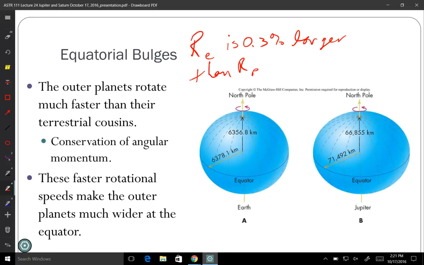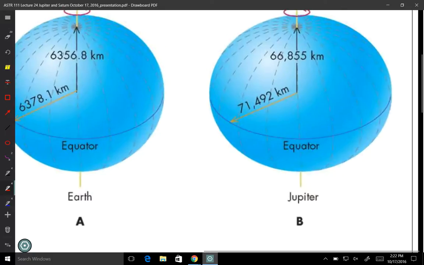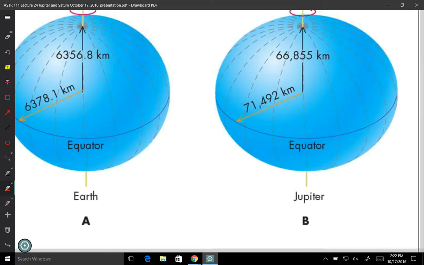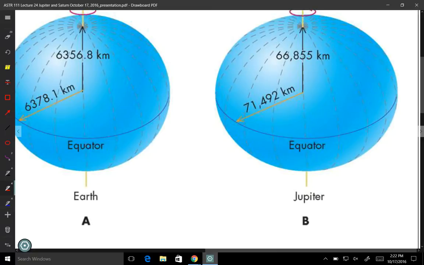So Jupiter here, 71,492 versus 60,8. Okay, you can read the numbers. Apparently I can't. But if you compare those two numbers, that's a difference of, I don't remember the percent. We can calculate the eccentricity, and the eccentricity for Earth is like 0.08, I think.